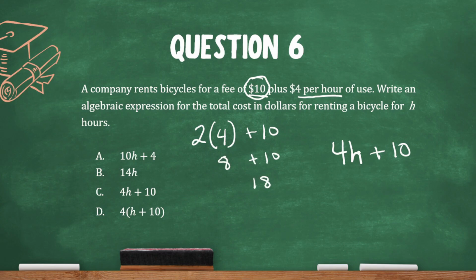And I could also substitute that number, the 2, for 2 hours into my expression to get the total too. 4 times 2 plus 10, I also get 18. So you can check your work with a real-world situation to see if it makes sense. So our answer would be C.